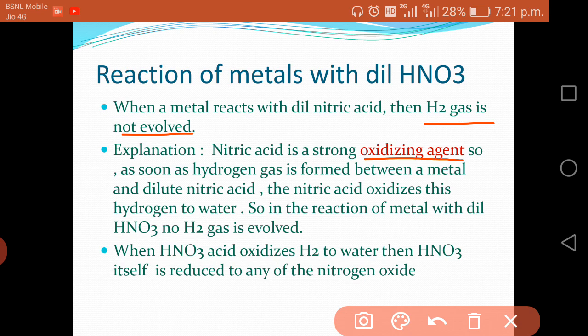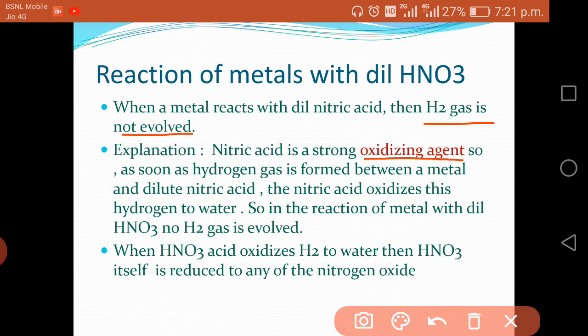Now when nitric acid oxidizes hydrogen to water, then nitric acid itself is reduced to any of the nitrogen oxides such as dinitrogen monoxide, N2O, or nitrogen monoxide, NO, or nitrogen dioxide, NO2. Which oxide forms depends on the nature of the metal, the temperature of the reaction and the concentration of nitric acid.